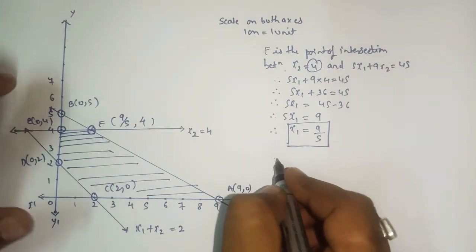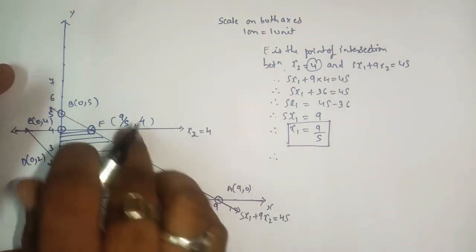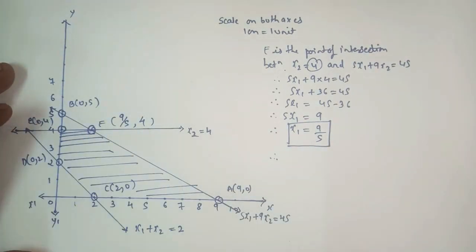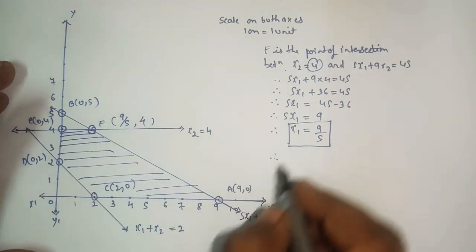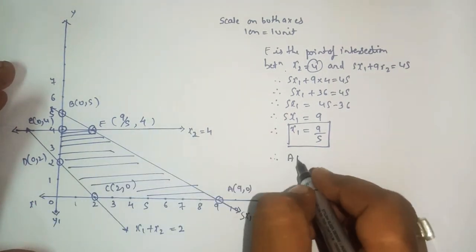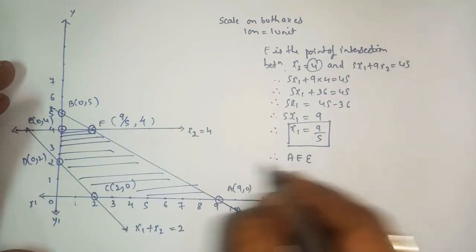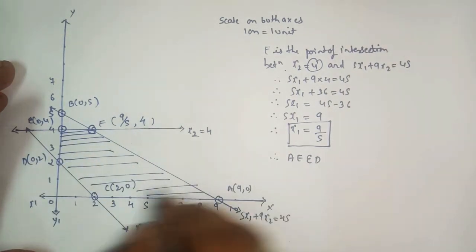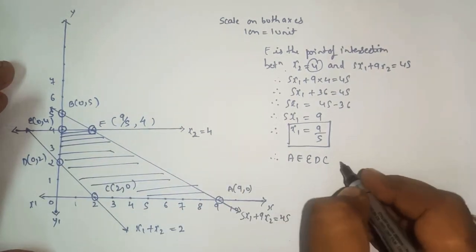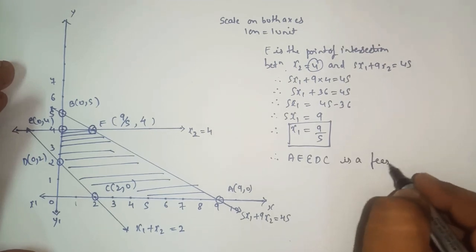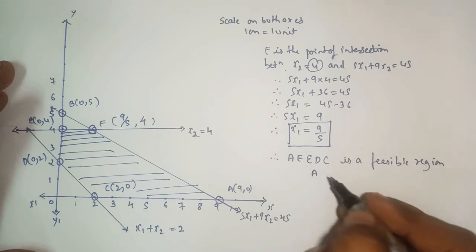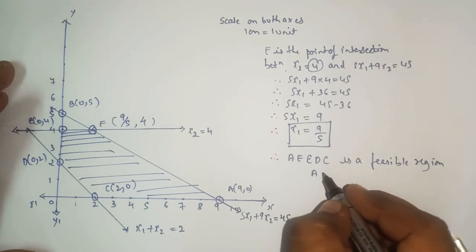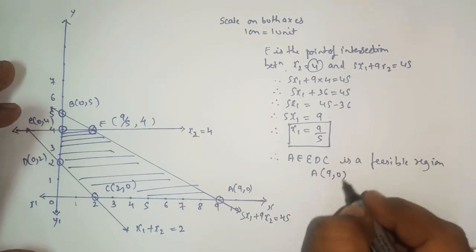Before that we'll write the solution part, the main answer, which section is the feasible region. We'll start from here: A, F, E, D and C are the corner points. So this is the feasible region for this sum, where A is 9 comma 0.